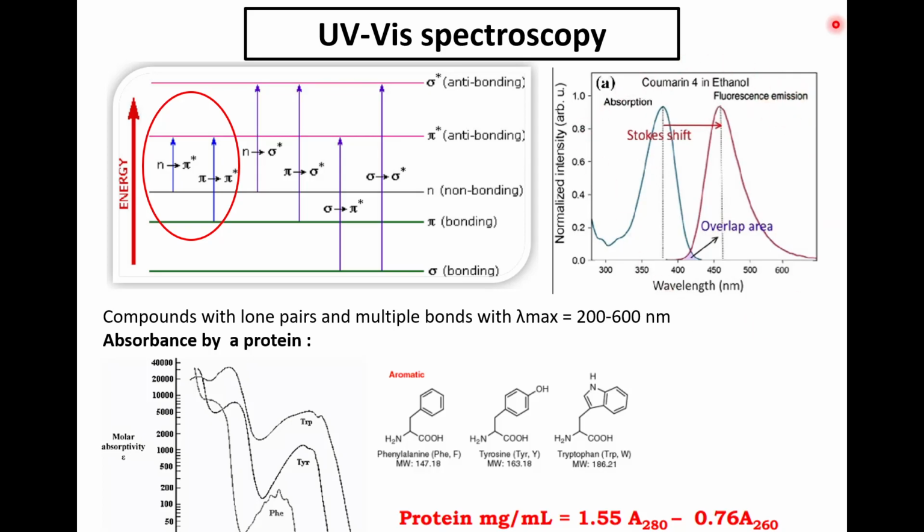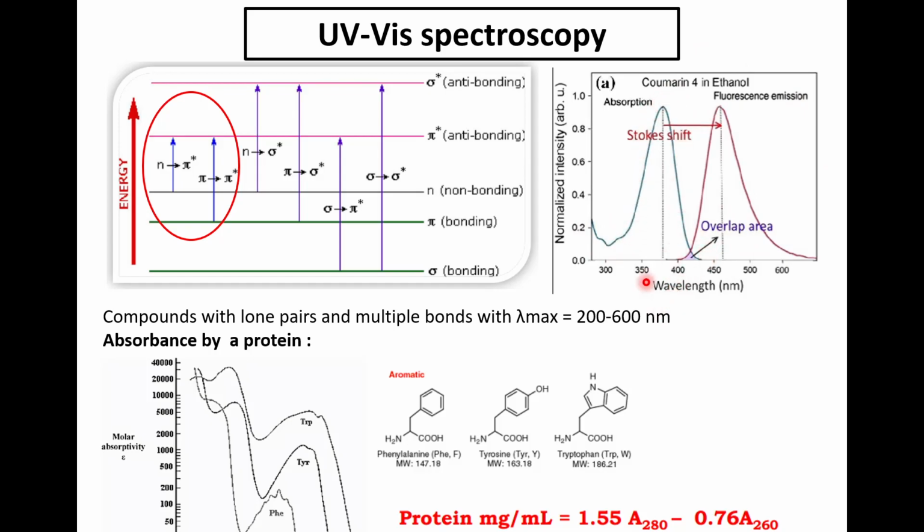This is a fluorescence kind of spectroscopy where, as I said, when you use a particular wavelength of light for the absorption, you see the emission is shifted. It gives a higher wavelength, meaning a lesser energy is emitted from it. So you see there is this Stokes shift.